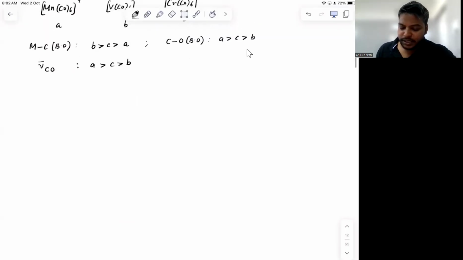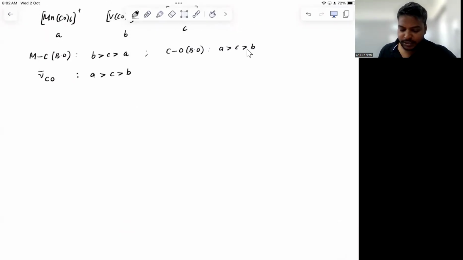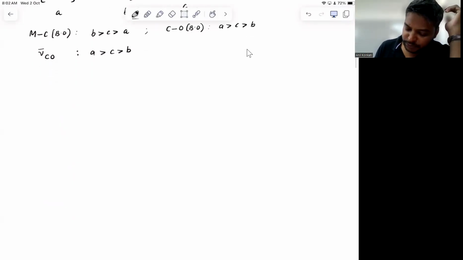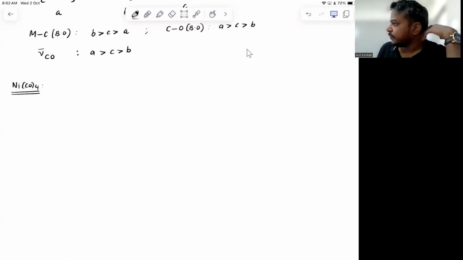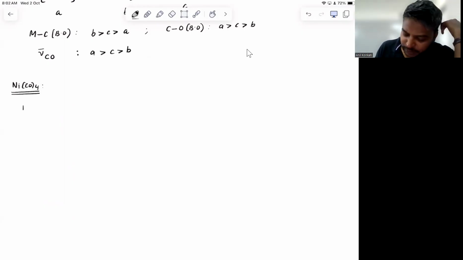Okay. Since we are in the lines of metal carbonyls, here itself we will try to figure out how to use the VBT for understanding the hybridization within the metal carbonyls. Suppose we take an example, NiCO4. Always try to write the configuration.